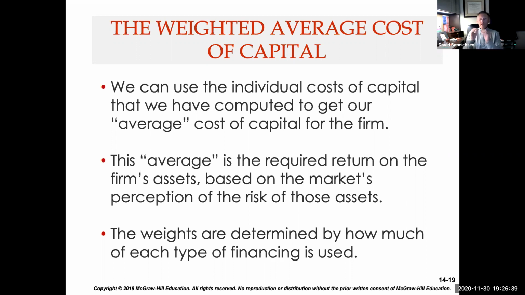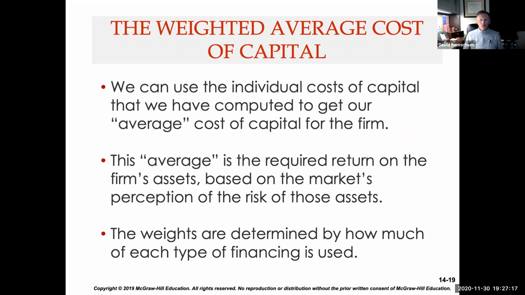So we can use the individual costs of capital, cost of equity and cost of debt, to determine the average cost of capital for a firm. Which is really important because the firm is financed one of two ways, through debt or through equity. The weighted average is the required return on all of the firm's assets, based upon how the market perceives the level of risk associated with the assets that the firm owns.